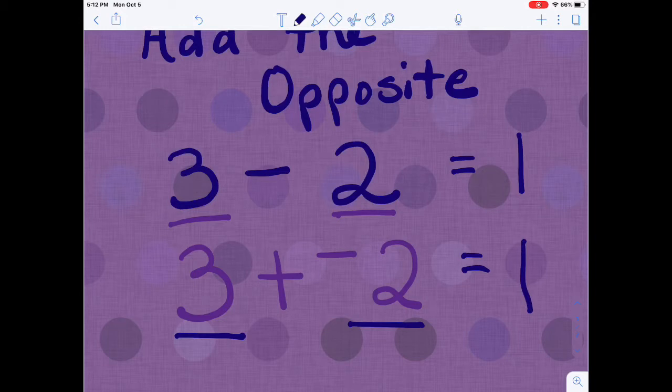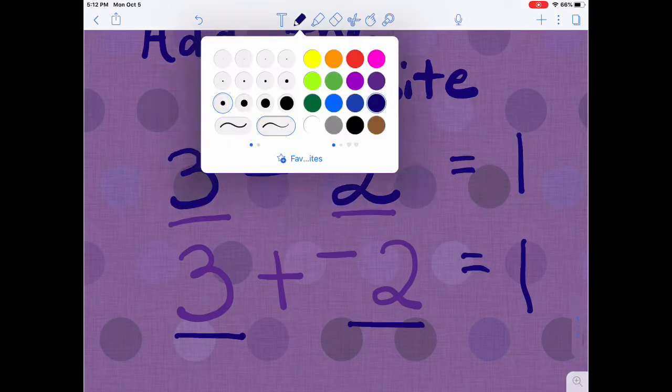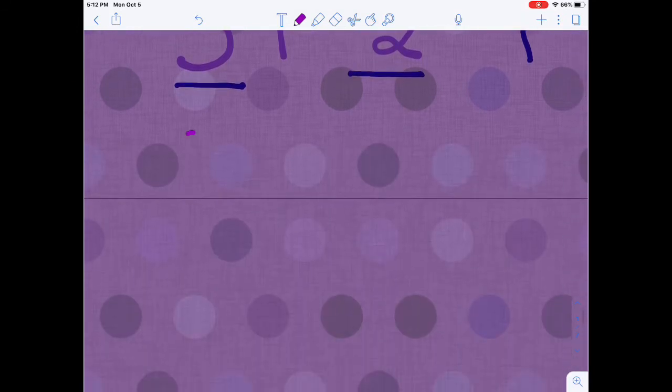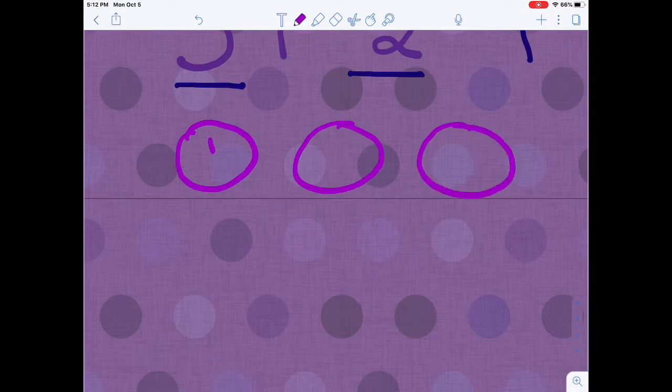We could think about this on a number line. I'll show you that in just a few minutes. We could think about it again with canceling things. Let's suppose I have 3 positive numbers. You could think of them as 3 coins or 3 candy bars.